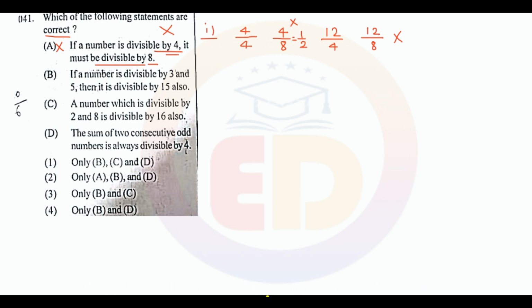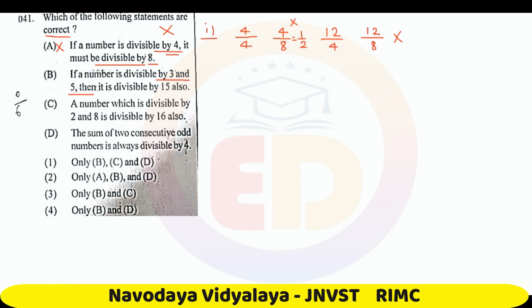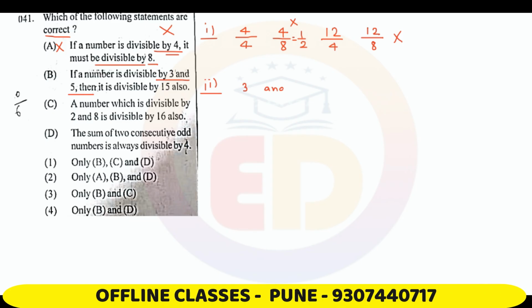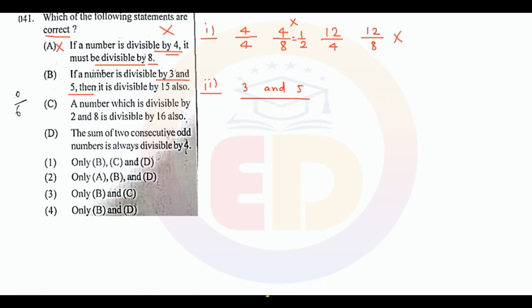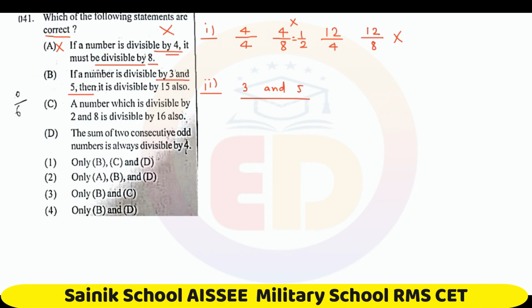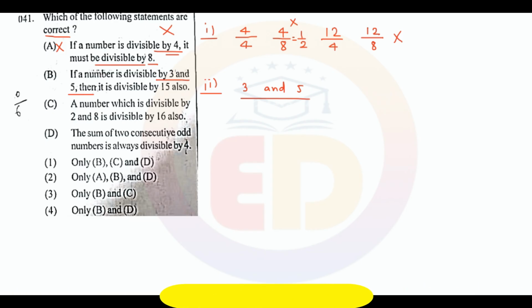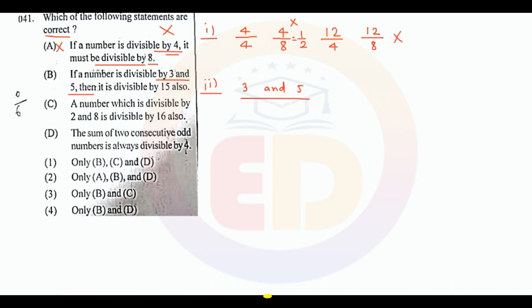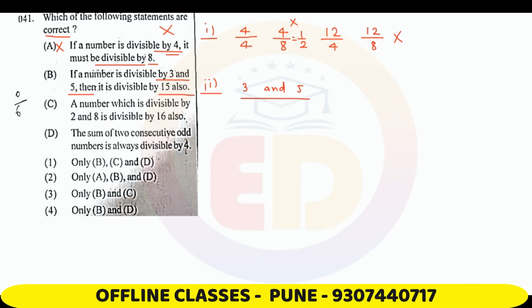Next, it says if a number is divisible by 3 and 5. See, remember that both 3 and 5 are prime numbers. And if a number is divisible by both 3 and 5 at the same time, it should not be that it's only divisible by 3 or only divisible by 5. It should be divisible by both 3 and 5. Then it should be divisible by their LCM.